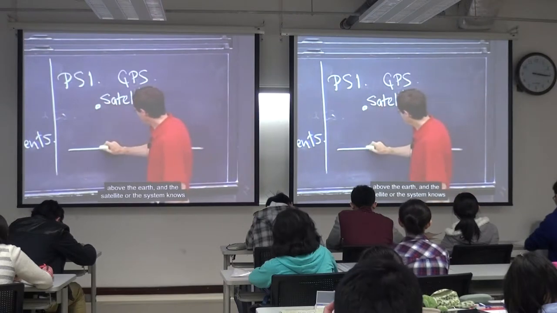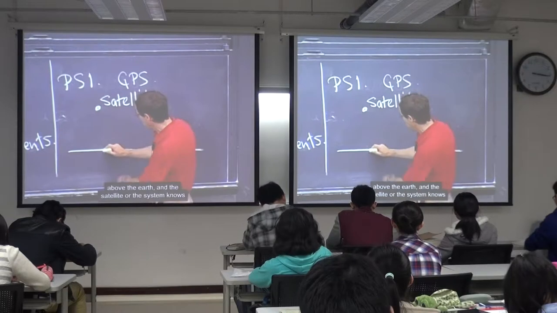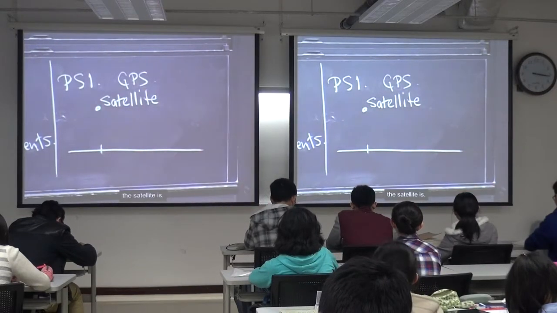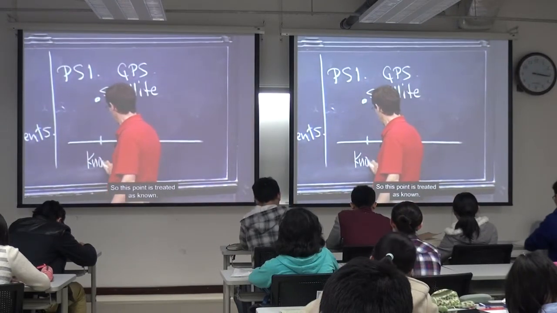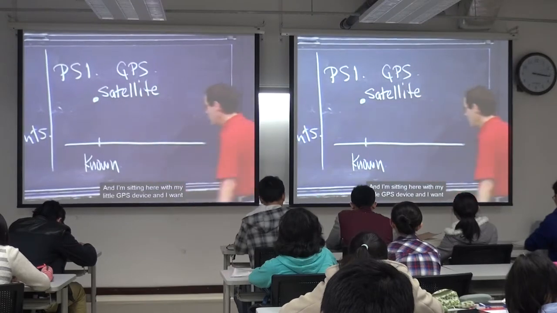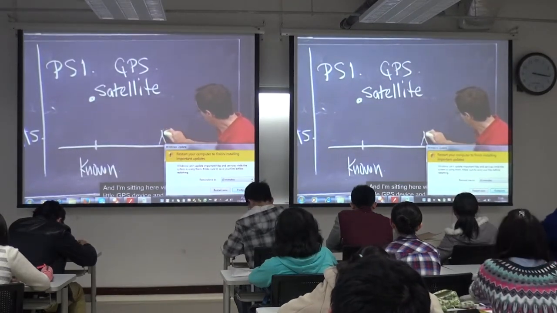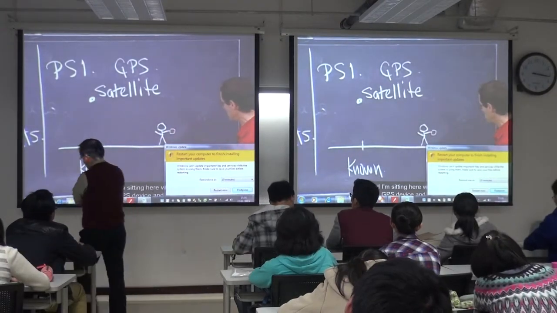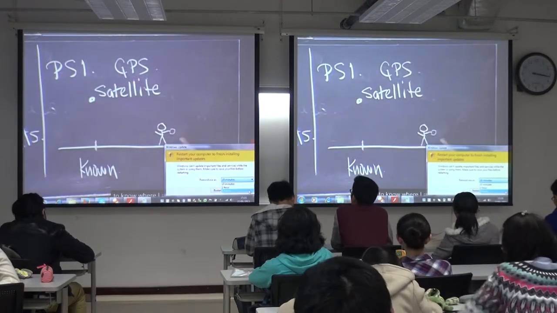And the system knows exactly where the point directly below the satellite is. So this point is treated as known. And I'm sitting here with my little GPS device, and I want to know where I am.